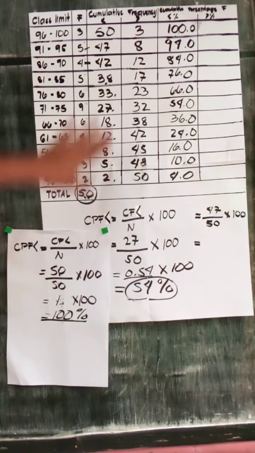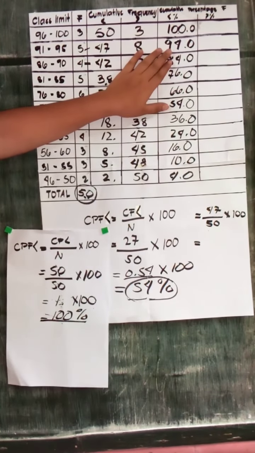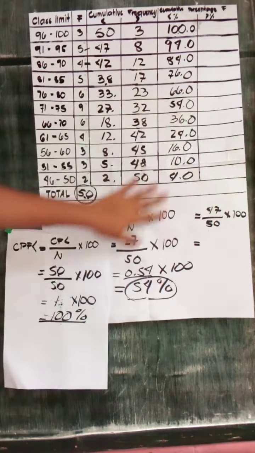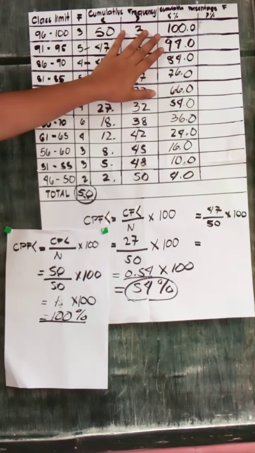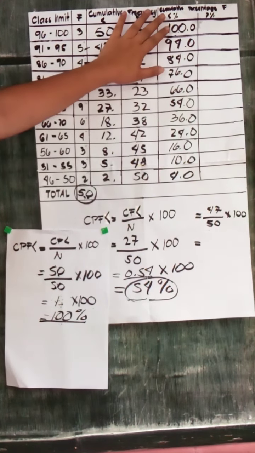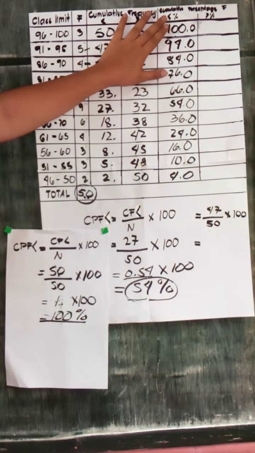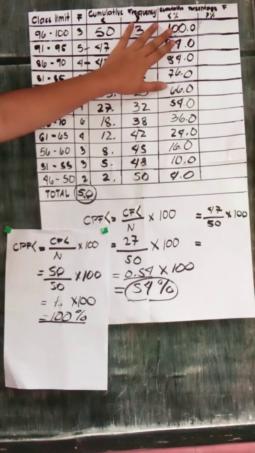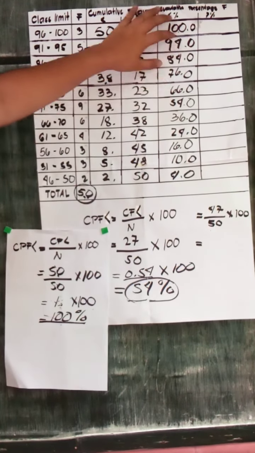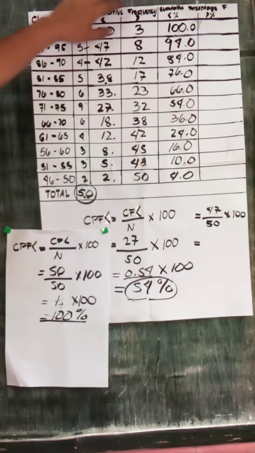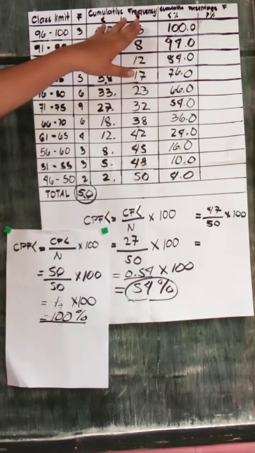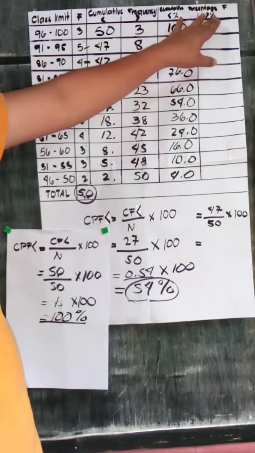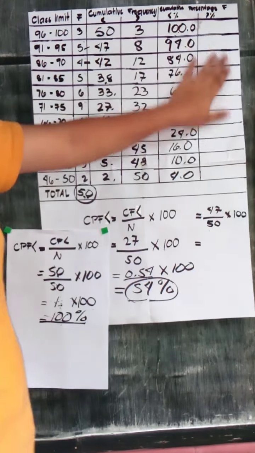That is how to compute the first row, that is how to find all the answers here. Next, we will find the cumulative percentage frequency greater than.